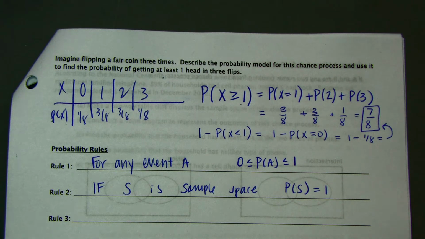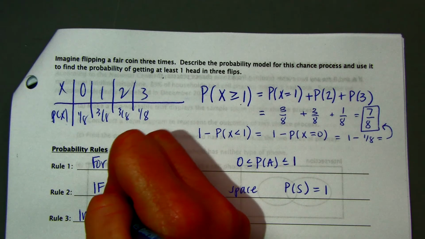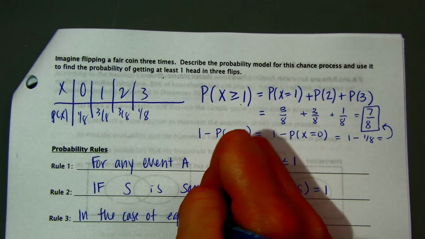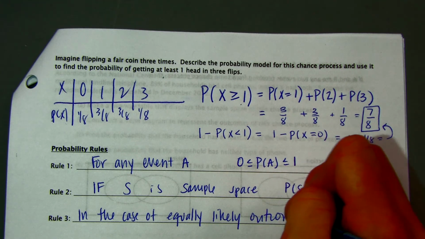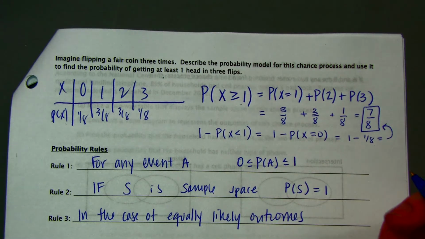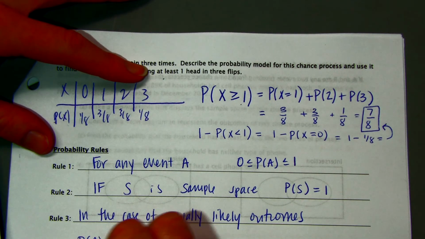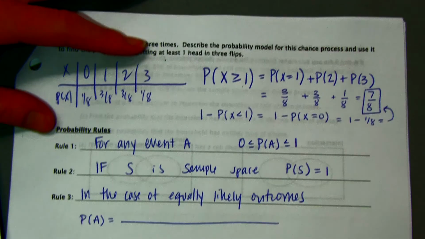Rule number 3, in the case of equally likely outcomes, we can calculate probabilities in this regard. The probability of A, it's a fraction. Oops, let me scoot up here.